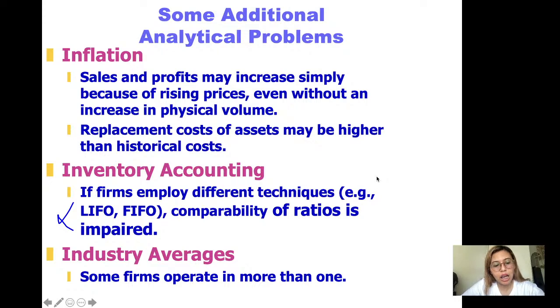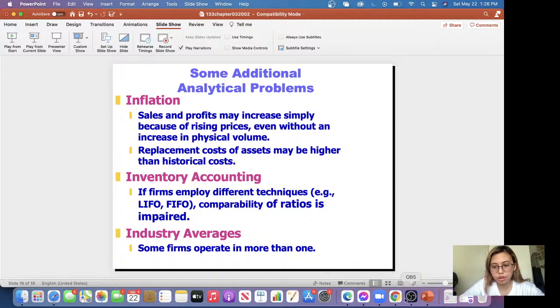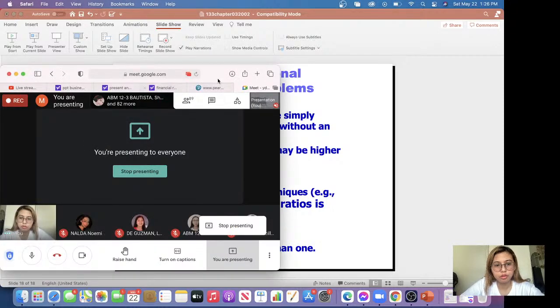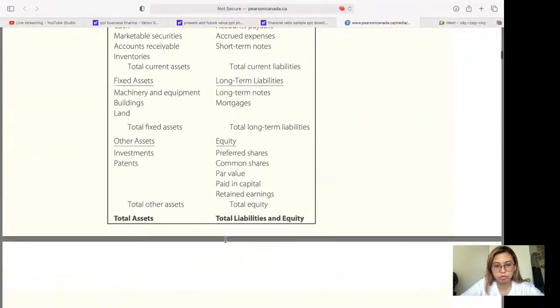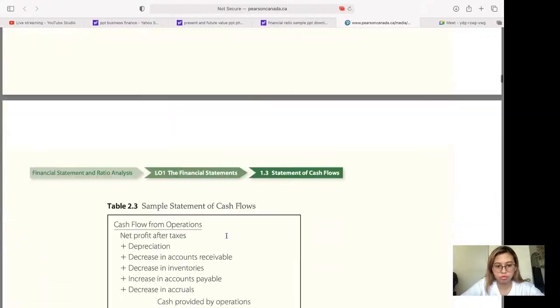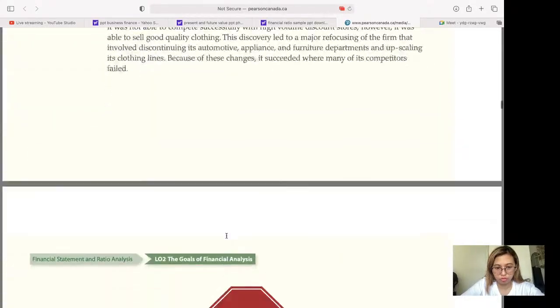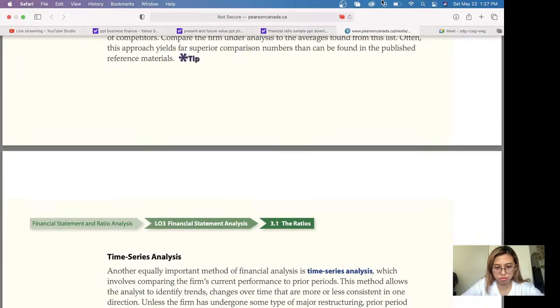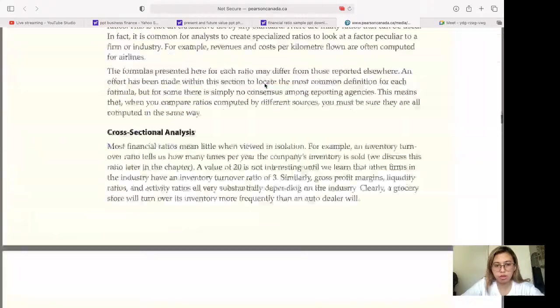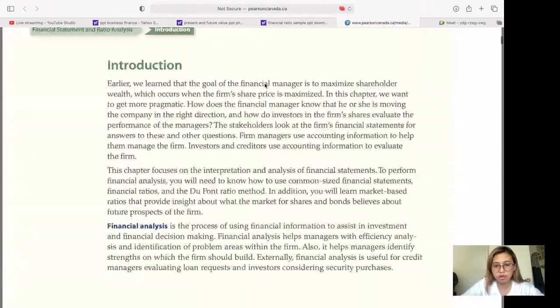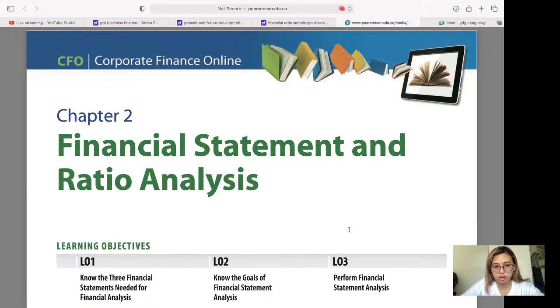So, what you are going to do, class, is a small exercise. You need to compute the ratio analysis, but not yet now. That will be your exercise. You will do a financial ratio analysis.